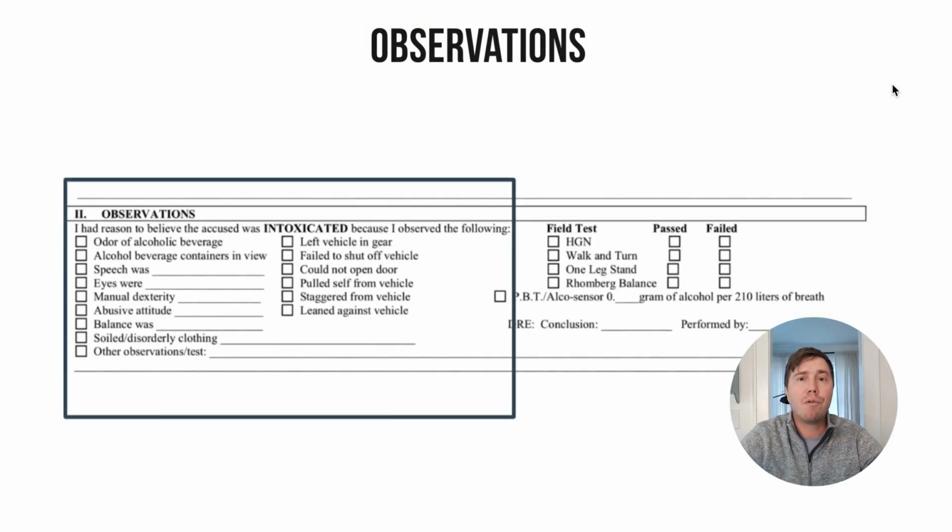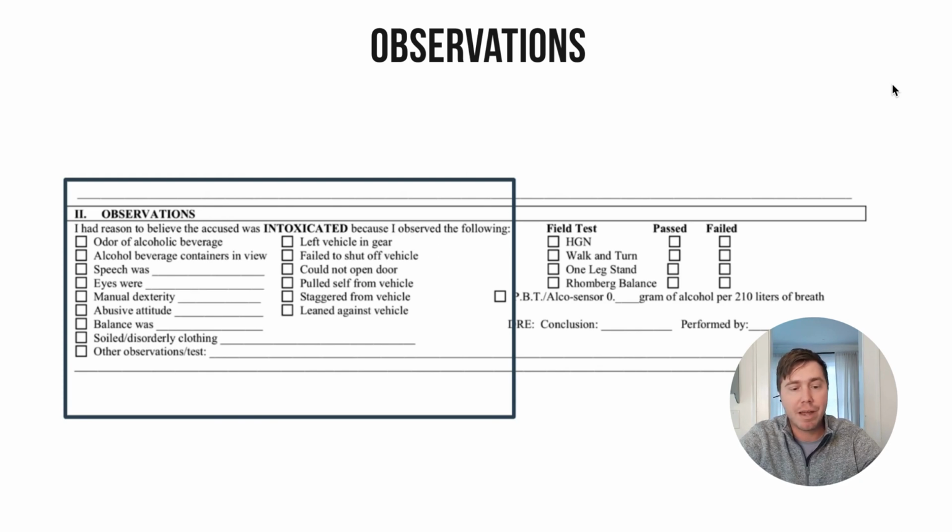And when we go to the OWI probable cause affidavit, here is the next section that's really important. There's a section for observations, and there's a lot of things that the officer may check that they observe, things like odor of alcoholic beverage, alcohol beverage containers in view, speech was slurred, sometimes they may say repetitive or fast, eyes were bloodshot and glassy, manual dexterity was poor, abusive attitude.